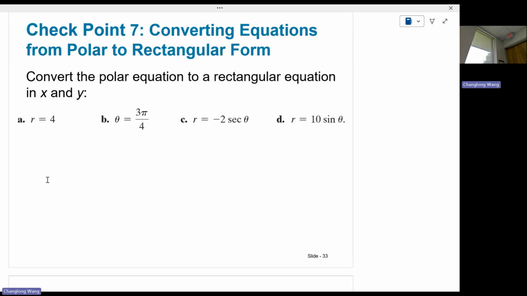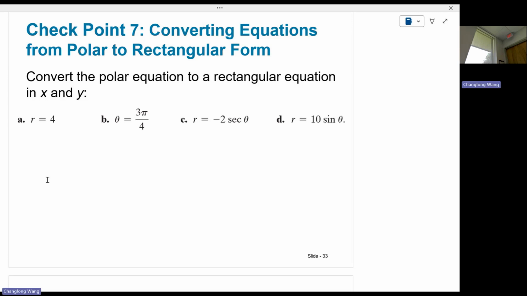Can you guys imagine what the equation will look like for a circle with a radius 4 in the rectangular coordinate system? Circle with a radius 4, and the center is 0, 0. What does it look like using x and y?